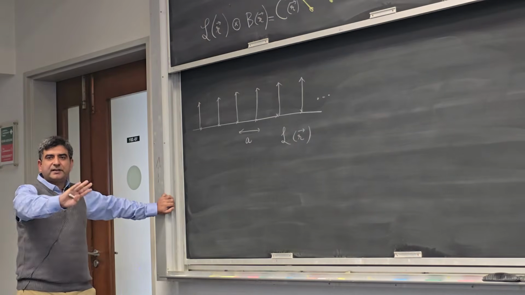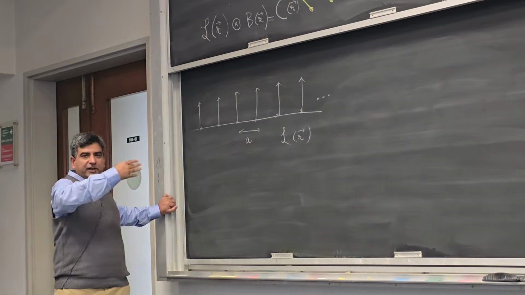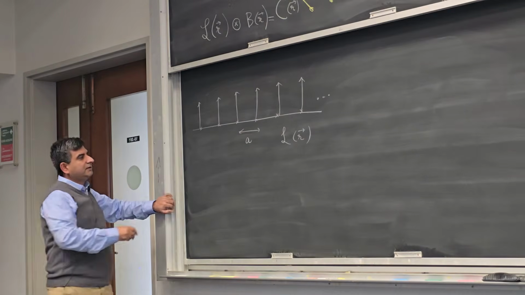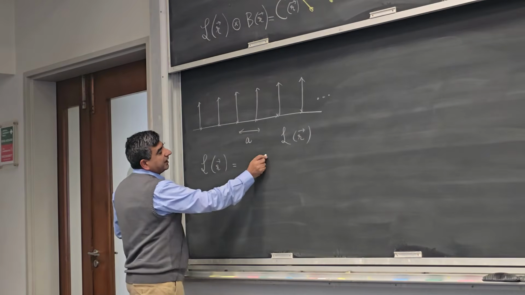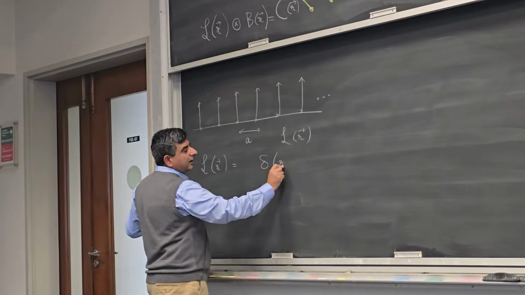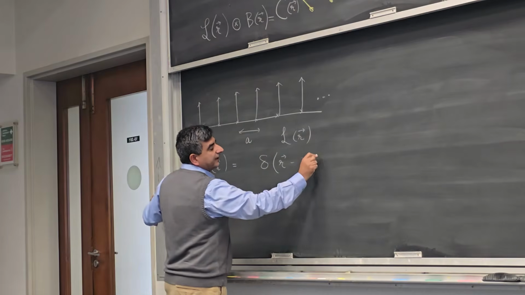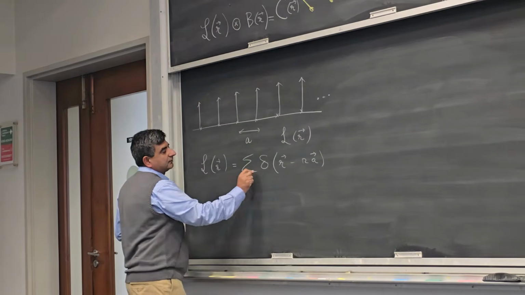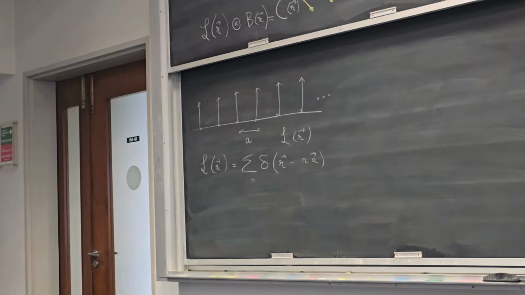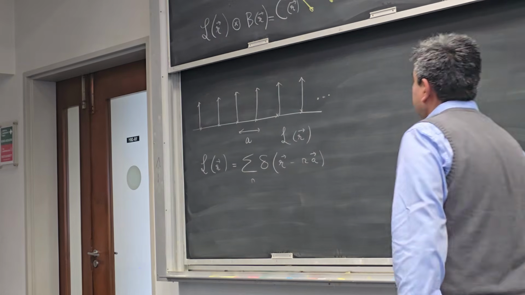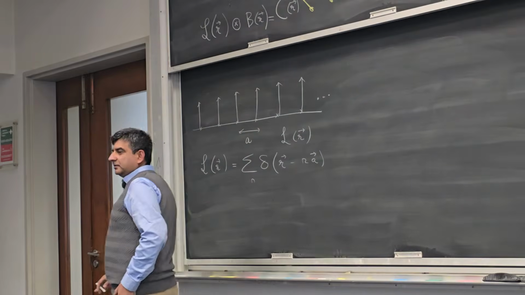So a one-dimensional lattice is represented by a train of Dirac delta functions. This function L(R) would now be given by a sum of Dirac delta functions, delta(R minus na). So this is a one-dimensional function.